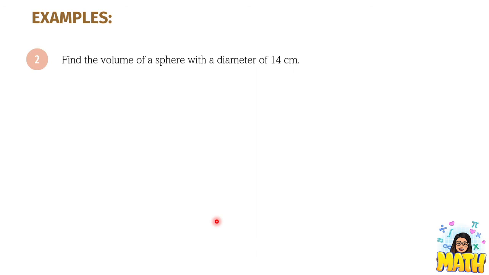Let's have another example. Find the volume of a sphere with a diameter of 14 centimeters. In this formula, we can see that we need to know its radius. In the given, we have a diameter equal to 14 centimeters. Given that, the radius is just half of it.